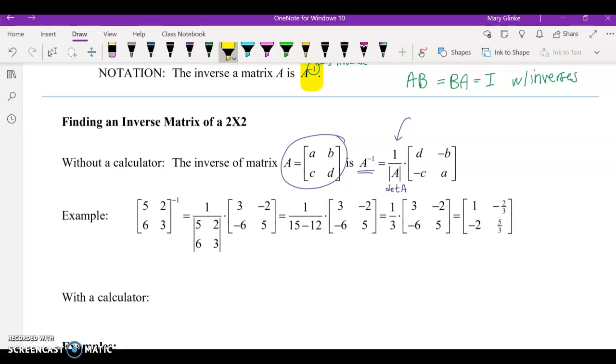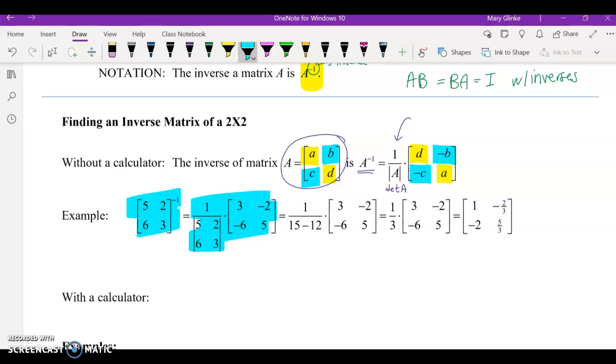And then what happens is A and D, those data entry points, switch spots, and B and C stay in the same spots, but they're negative. So you can go ahead and see one all worked out here. You can go ahead and calculate it or verify if you would like to, but that's mathematically how we would find the inverse without a calculator.